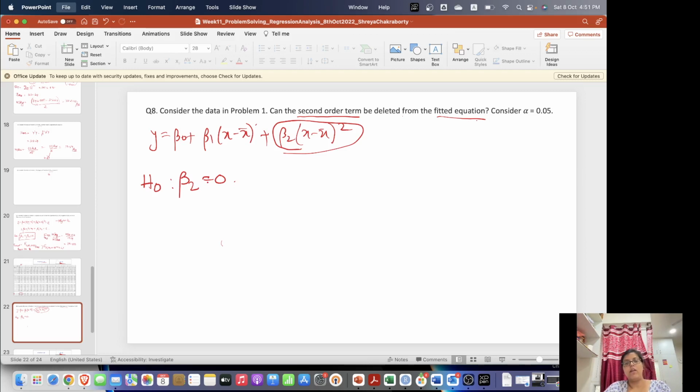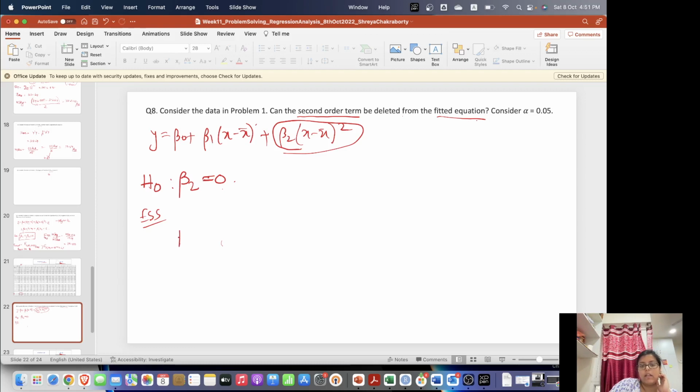Okay. So in order to test this, we will use the extra sum of squares approach. So we are to test B2, that is beta 2 is 0 in the presence of beta 1.